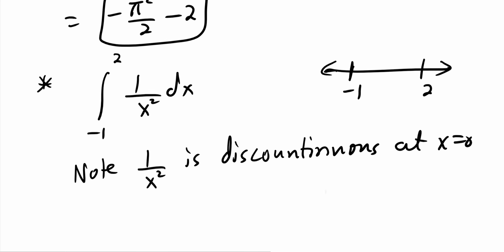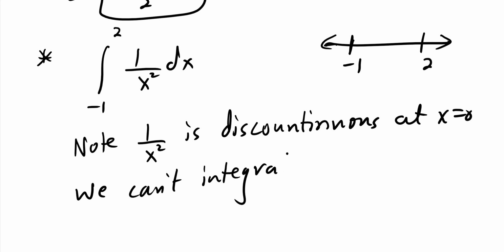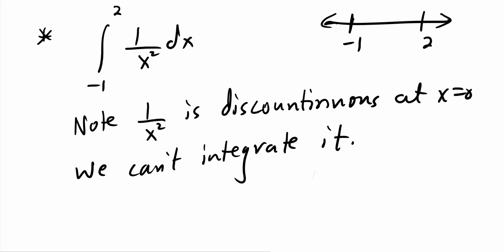So we cannot integrate it the way we were doing today. Later on we're going to learn how to handle such integrals. We call them improper integrals. We're going to go over that later on in the next course.